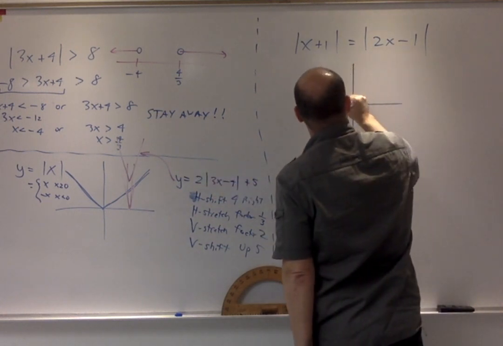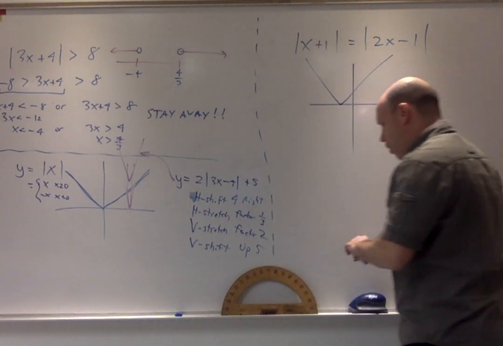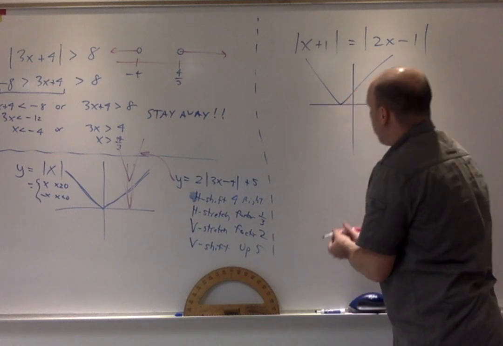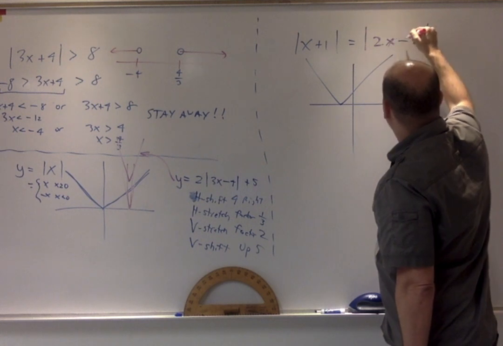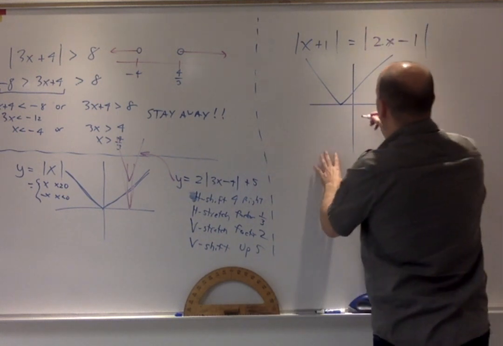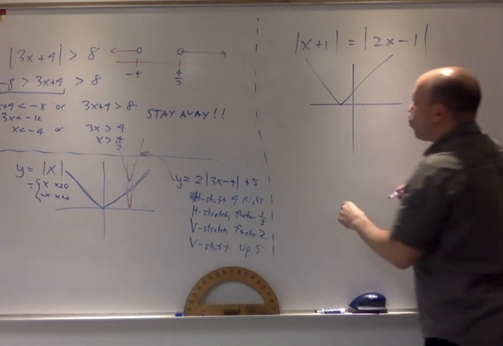Okay? That's the first one. Let's do the second one in pink. 2x minus 1. I know that it's the parent function. It's 1 to the right? And it's a stretch.